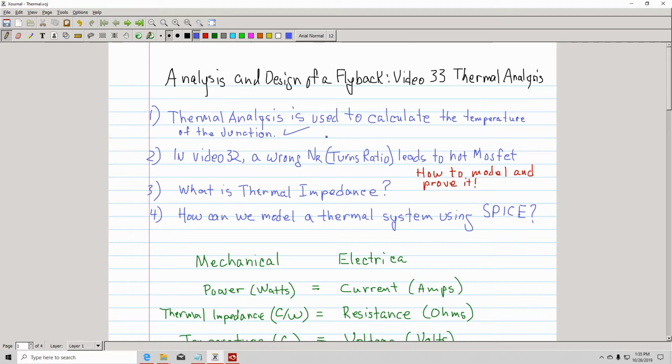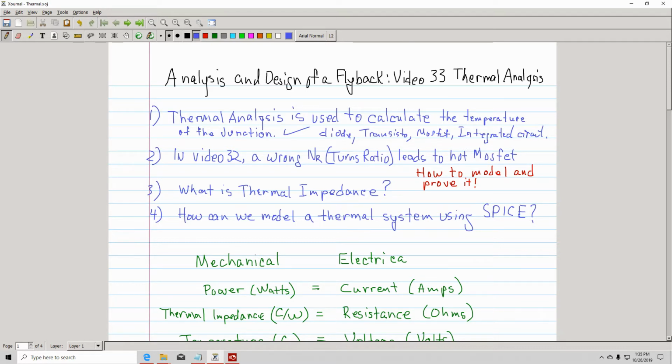What kind of devices? Well, we're talking about diodes, any transistors, MOSFETs, and even integrated circuits.